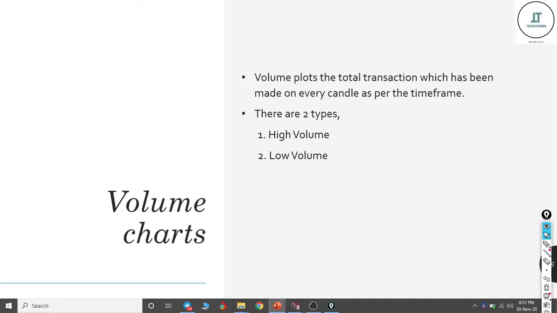Volume charts are generally of two types: volume plotted for each candle, and volume plotted for each price. Volume plotted for each candle is available to everyone for free, even in every brokerage terminal, but volume plotted for every single price, I'm not speaking of a range, every single price, is not available for free. So in this section, we will discuss volume charts for every candle.